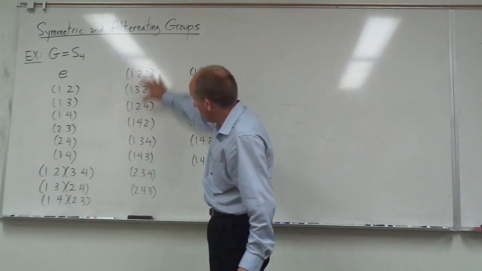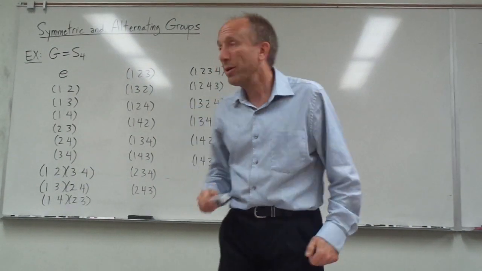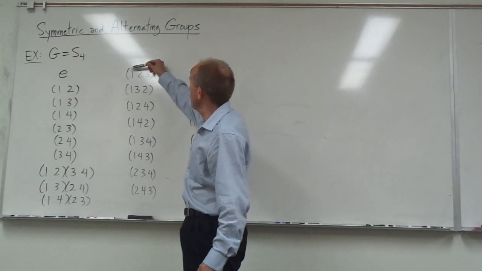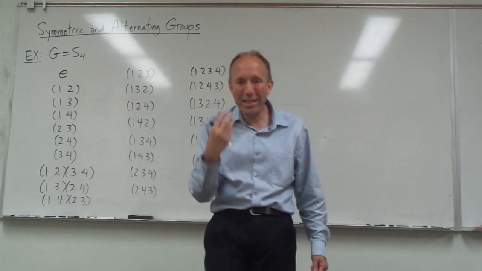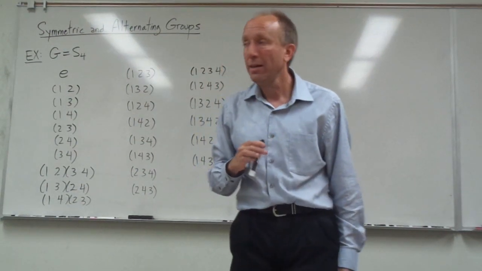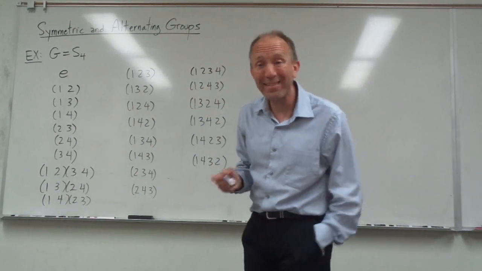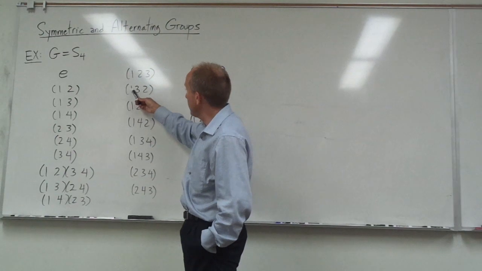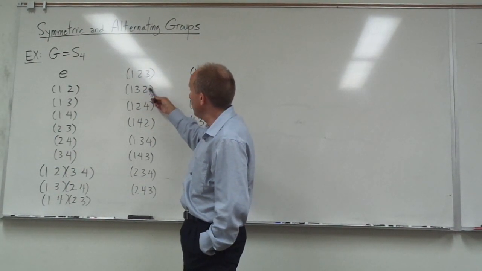Now in the middle column, I have all of the 3 cycles. The first one here, (1 2 3), just means 1 goes to 2, 2 goes to 3, 3 goes back to 1. That's what that permutation does. Actually, the inverse of that permutation is the very next one on the list. The inverse permutation sends 1 back to 3, 3 back to 2, and 2 back to 1.